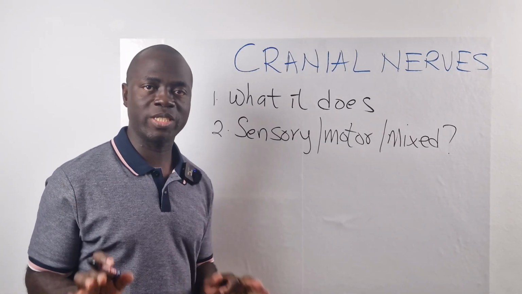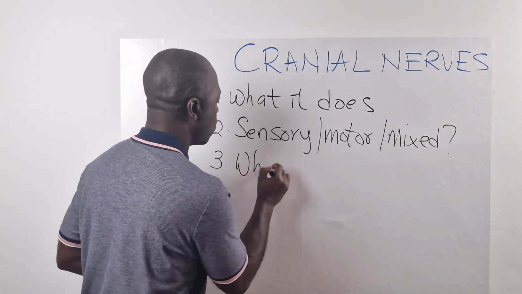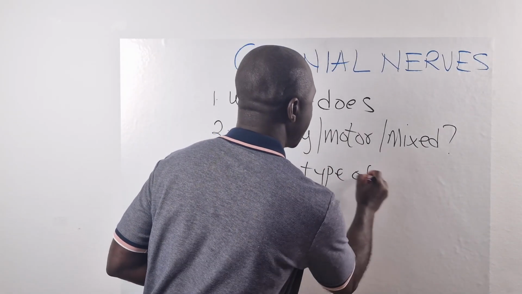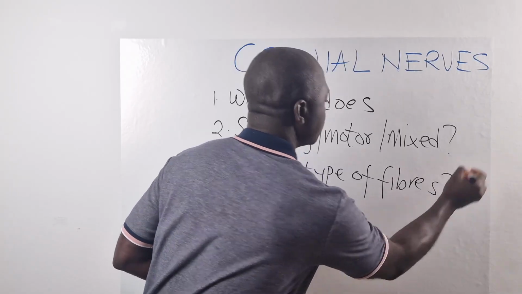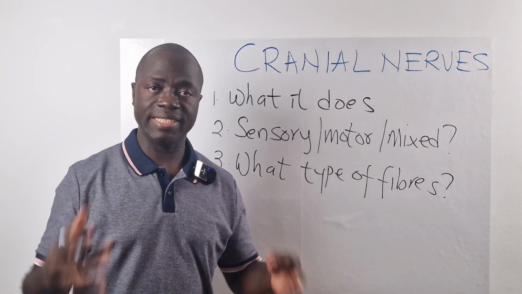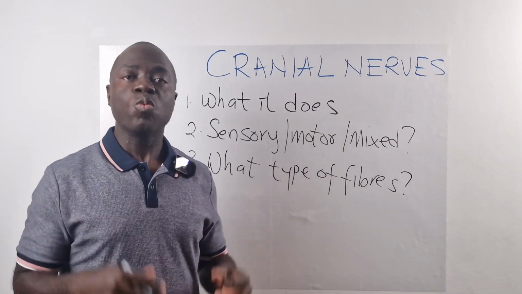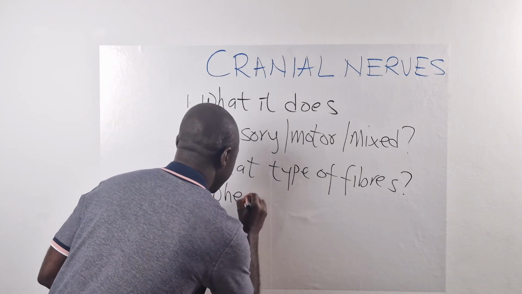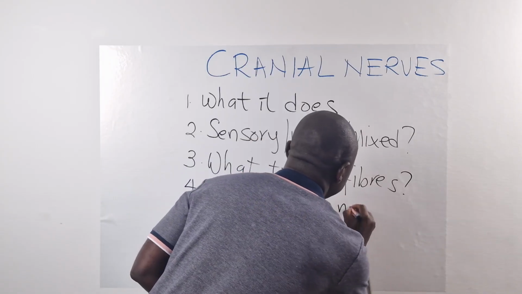Then we will decode the language. So the third thing, we'll talk about what type of fibers. So we are going to decode the languages around the types of fibers that each cranial nerve entails. Then, the fourth thing, where is the nucleus? Okay, so where is the nucleus located?